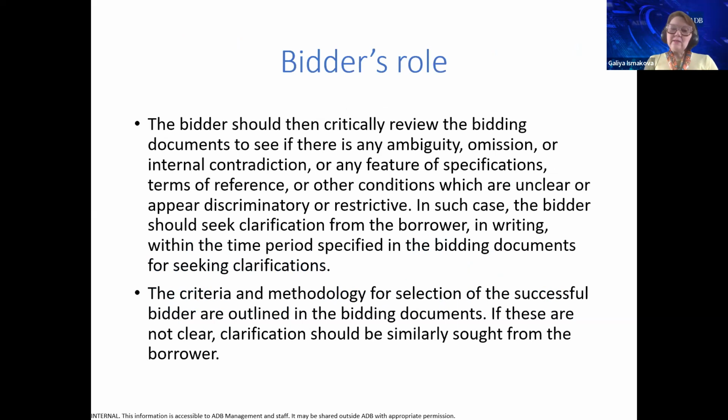And what it means is that you will critically review bidding documents to see if there is any ambiguity, omission, or internal contradiction, or any feature or specifications which may be discriminatory or restrictive. In such cases, you should be seeking clarifications from the borrower in writing within the time period specified in the bidding documents. So sometimes I see that the bidding documents are actually revised in response to such clarifications.